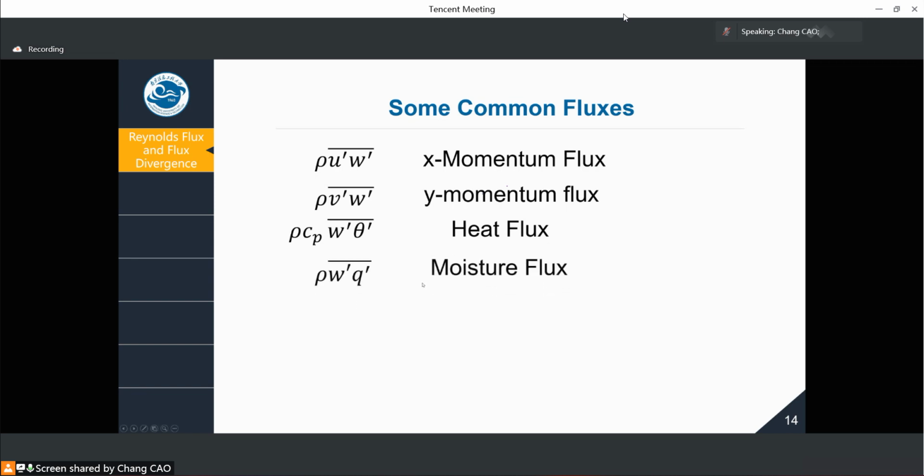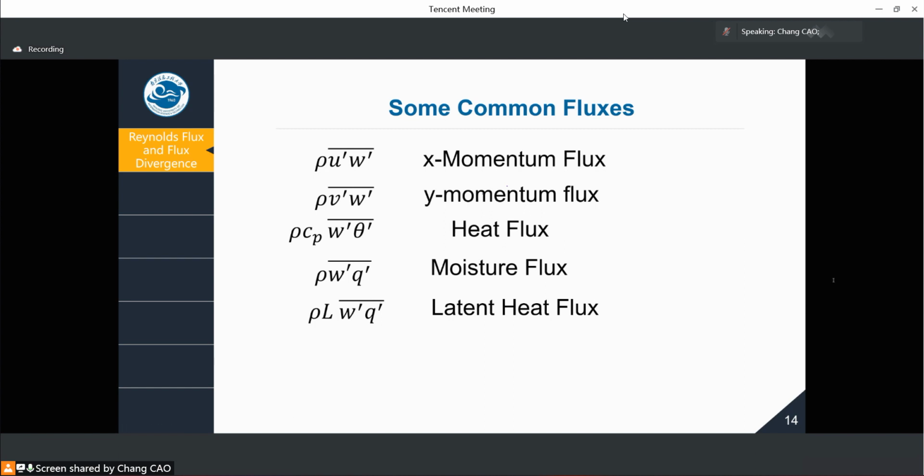And then for moisture flux, we will use w prime and q prime. Q is the specific humidity. I will type it in the chat room here. Q is specific humidity. And we usually will also use latent heat flux. So here we will add L. L is the latent heat of condensation of water.